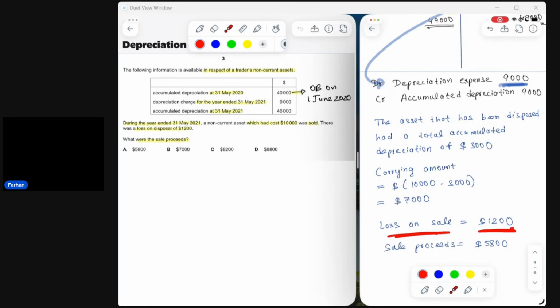So if the economic benefits available for utilization from this asset, which is the carrying amount, was $7,000, then shouldn't that mean that this asset was sold for $5,800, which justifies the loss that the business has made? Therefore, in this case, the correct answer to select is option A.